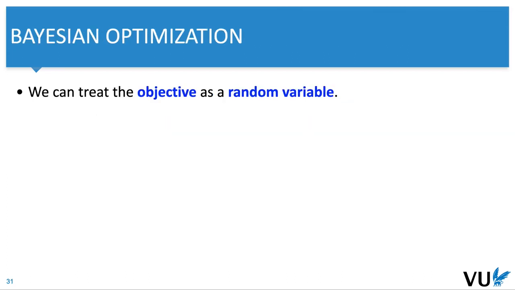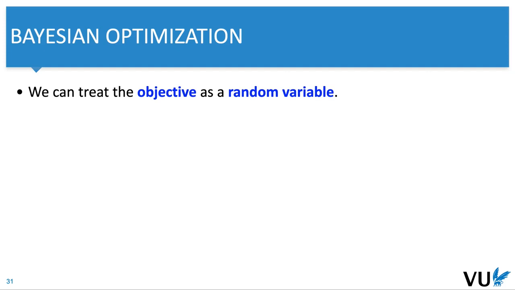And here we will talk about Bayesian optimization. Bayesian optimization is a very specific field. It is about optimizing a surrogate model. But this is the idea.